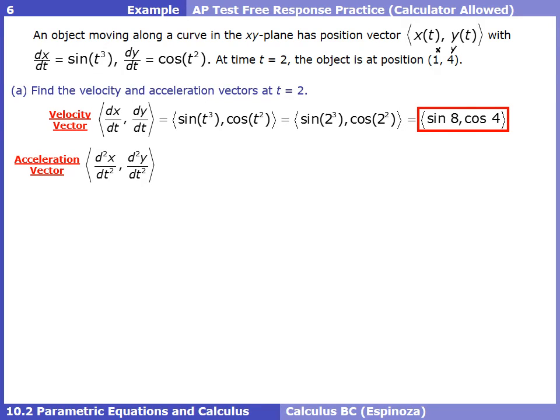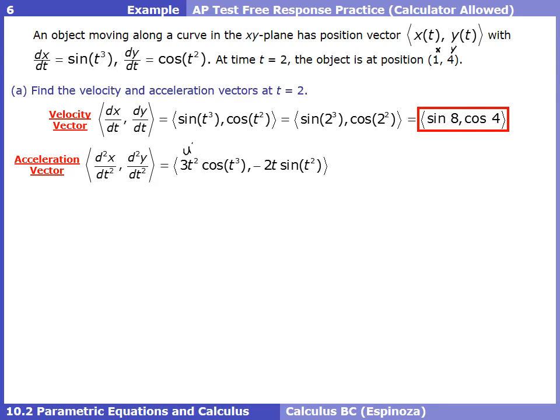To find the acceleration vector, we just need to take the derivative of the dx/dt on its own and the dy/dt on its own. And here that's just going to require that you recognize a little bit of a chain rule application. We're taking the derivative of sine of stuff, so that's going to be an application again of the chain rule. The derivative of sine is cosine, and then we'll put the t cubed, but then we need to multiply by u prime.